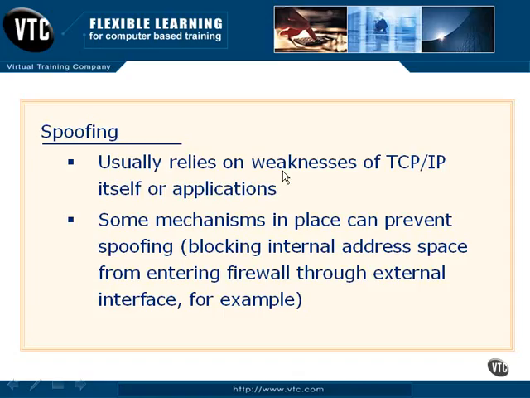An example of this would be the common configuration of blocking internal address space access from entering the firewall through the external interface. The reason that this is a commonly adhered to practice is because back in the early to mid-90s, firewalls would basically stop everything except for internal traffic.